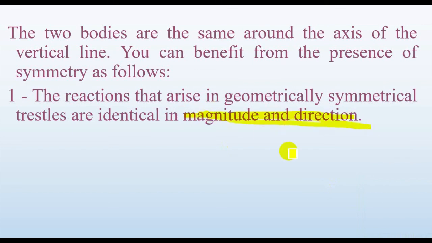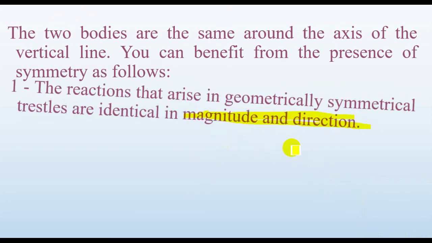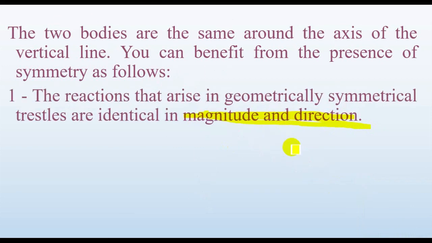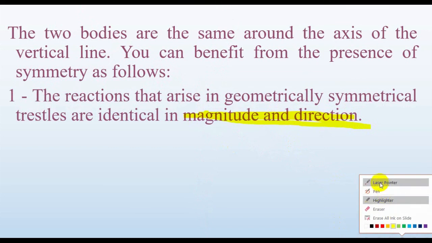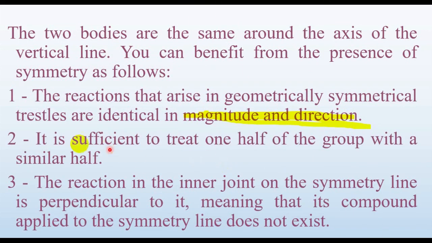Also, it is sufficient to treat one half of the group with a similar half, and the action in the internal joint on the symmetry line perpendicular to it does not exist. It means the force applied along the symmetry axis does not appear.